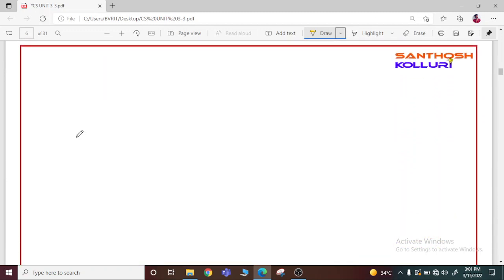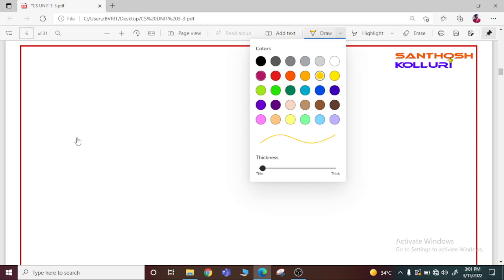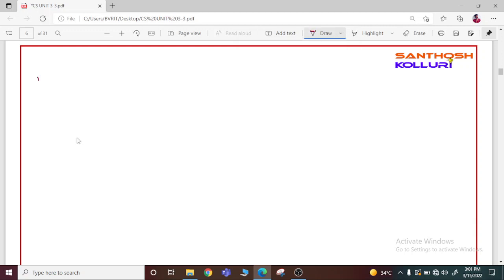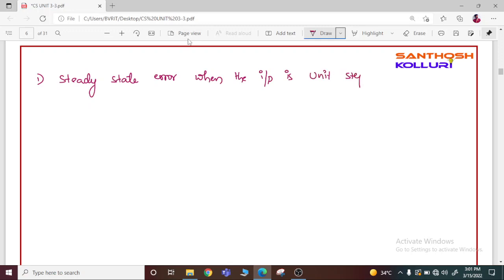When the input is a unit step signal, we have to calculate the steady state error.